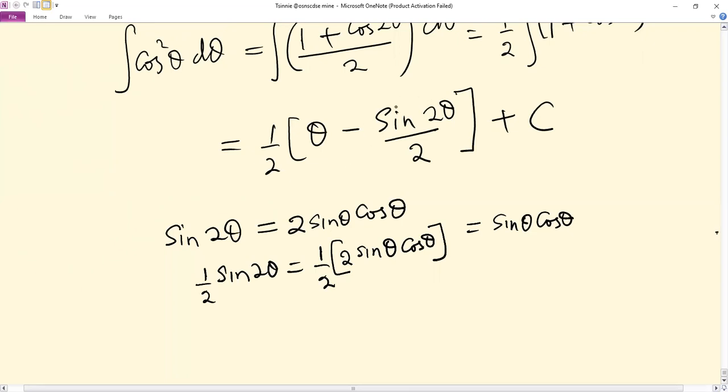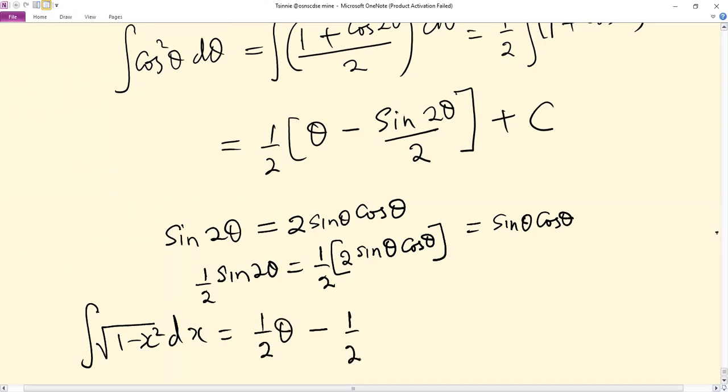So replacing here, we have the integral of the square root of 1 minus x squared dx is a half theta plus a half sine theta cos theta, and then plus c.